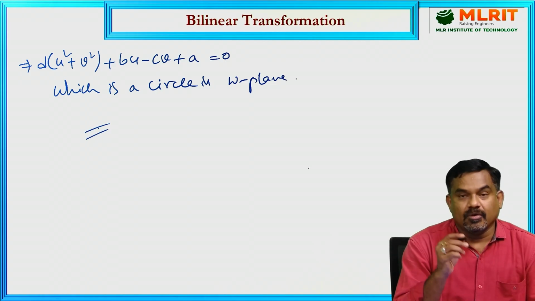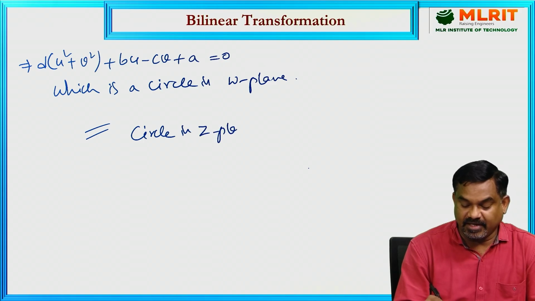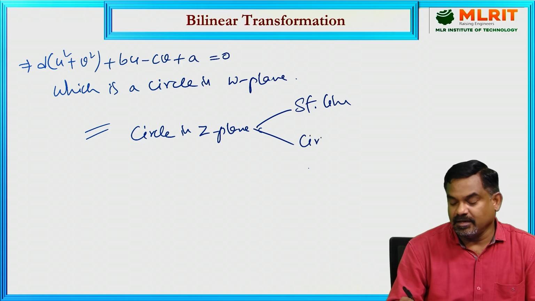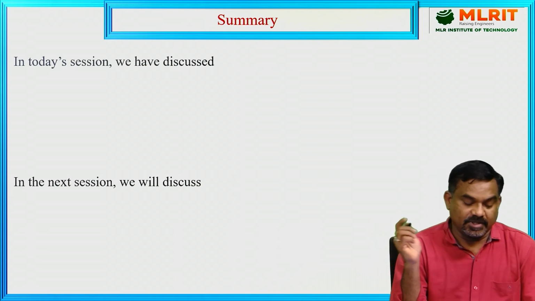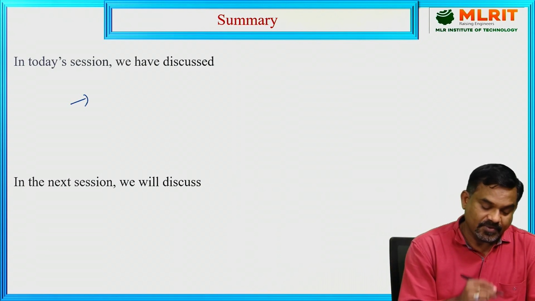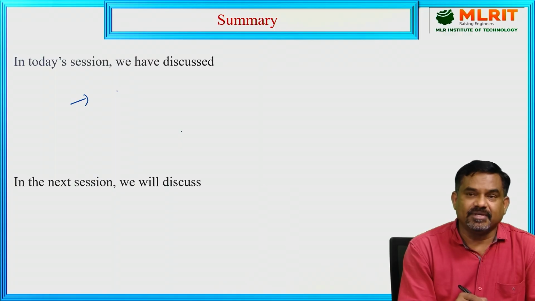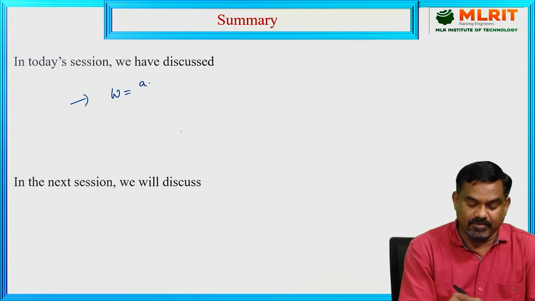So a circle in Z plane can be transformed to either a straight line or again a circle in W plane. So in today's session, we have obtained the bilinear transformation of the given set of points, that means a transformation in the form of az plus b by cz plus d.